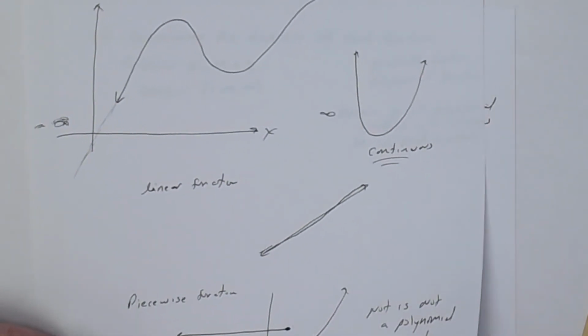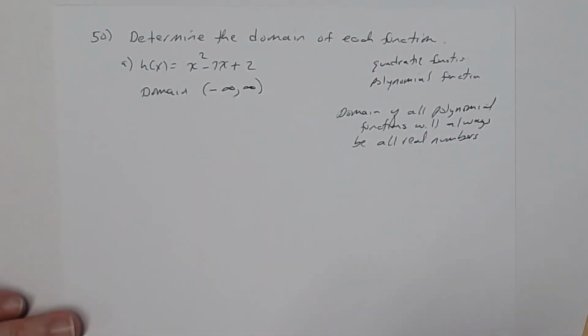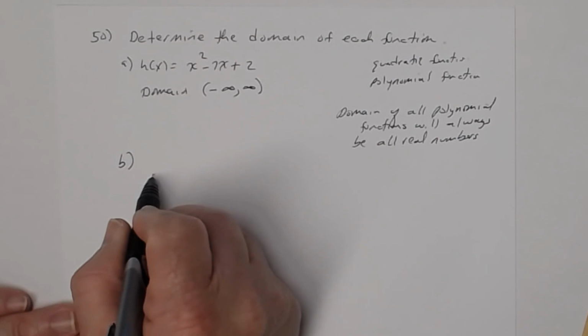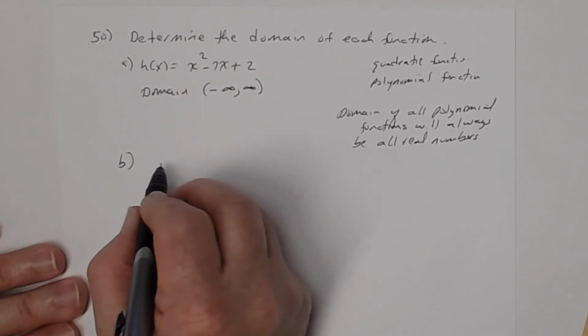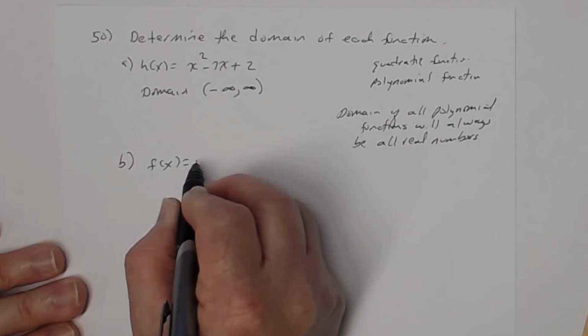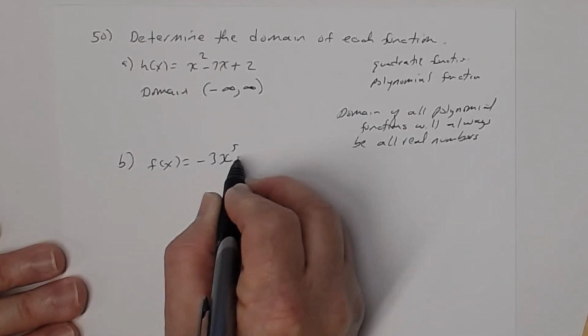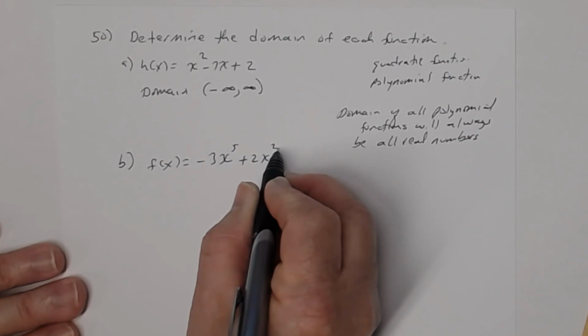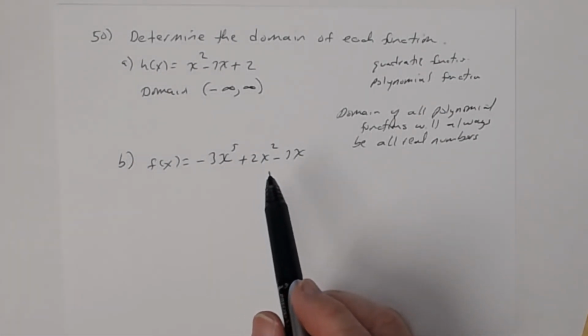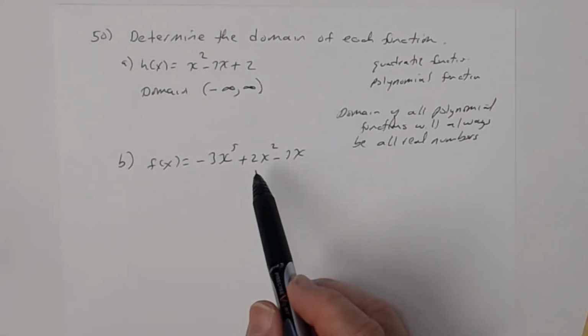It's always going to be all real numbers. Okay? So then we look at letter B. You have f of x is equal to negative 3x to the fifth plus 2x squared minus 7x. So again, you want to do this without graphing. So think about what kind of function this is.